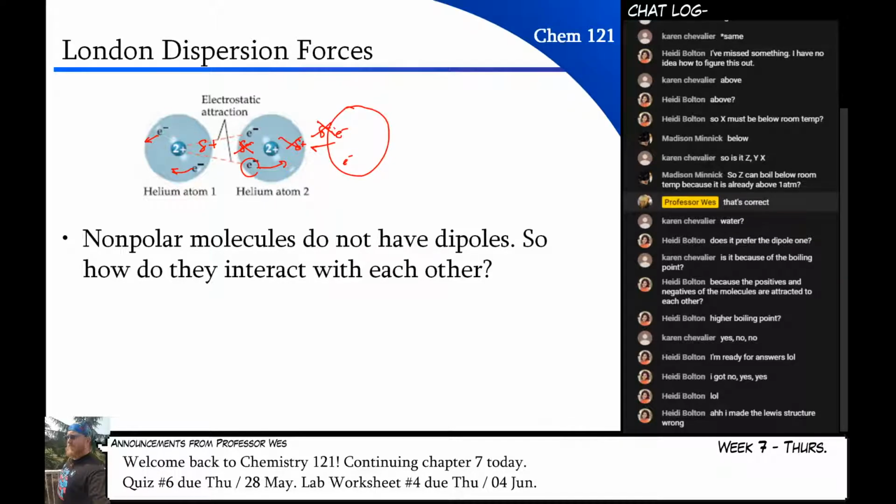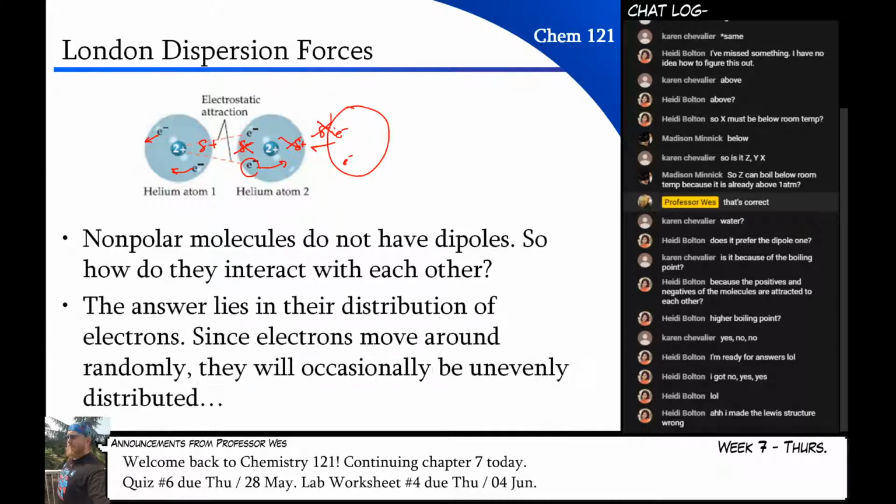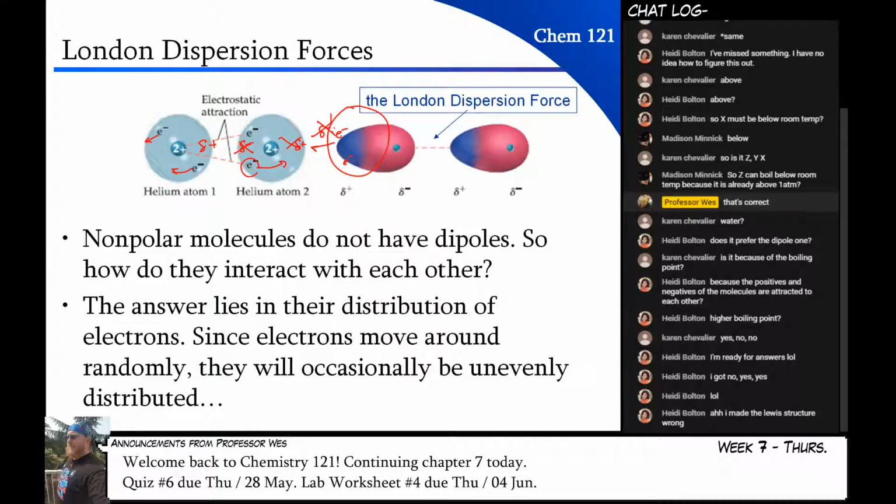The more electrons I have, the more randomly these intermolecular forces can occur, and then, and only then, they can act like baby dipoles. Now, I hate this picture, I'm going to skip it, but the interaction that occurs between the temporary dipoles is the London dispersion force.